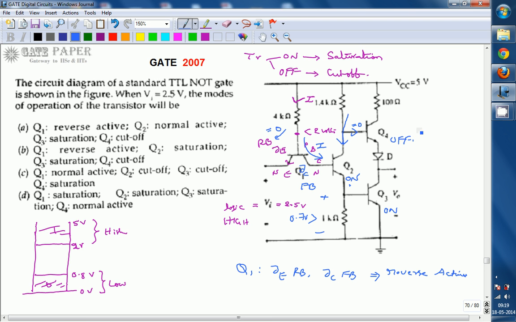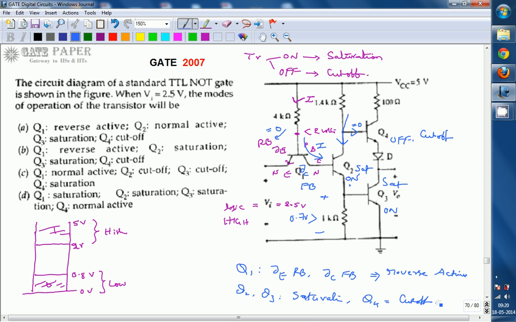Q4 being off means Q4 will be in cutoff, Q3 will be in saturation, and Q2 will be in saturation. So Q1 is reverse active, Q2 and Q3 are in the saturation region, and Q4 will be in the cutoff condition.